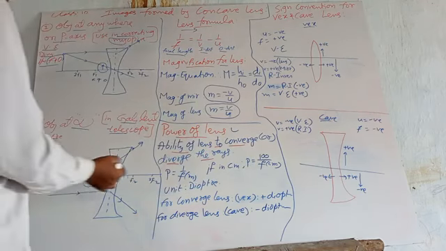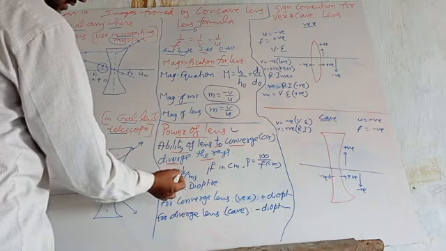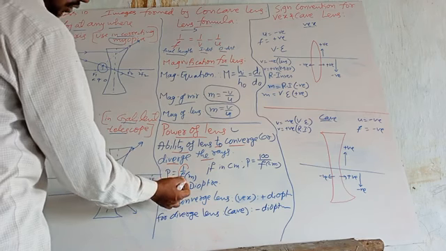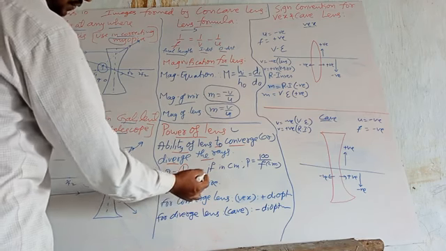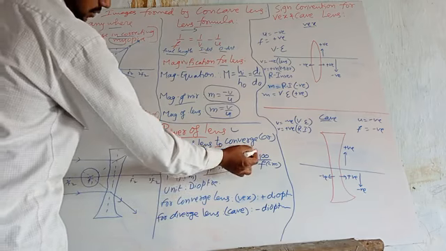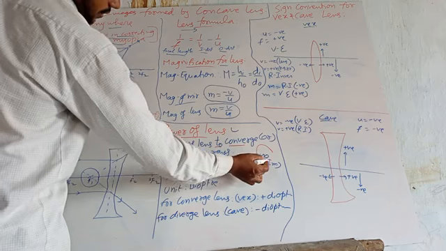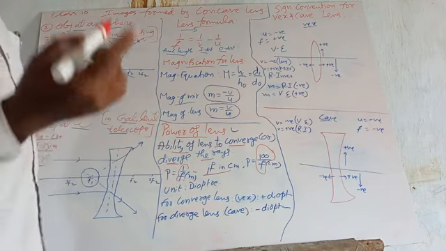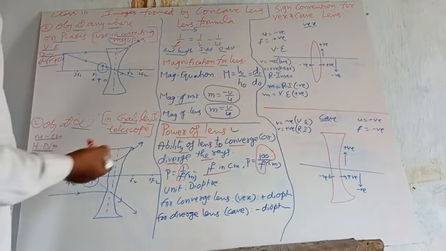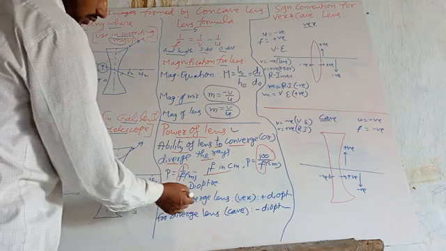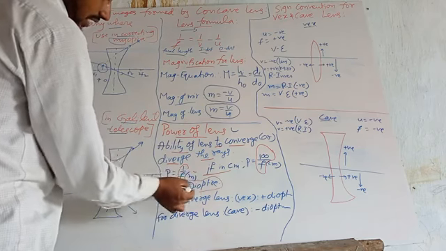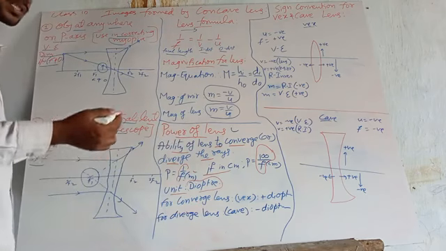Power of lens P = 1/f, with focal length in meters. If you take it in centimeters, P = 100/f, with f in centimeters. So 1 meter is equal to 100 centimeters. For that formula, the unit of power of lens is diopters. In diopters we can measure the lens power.